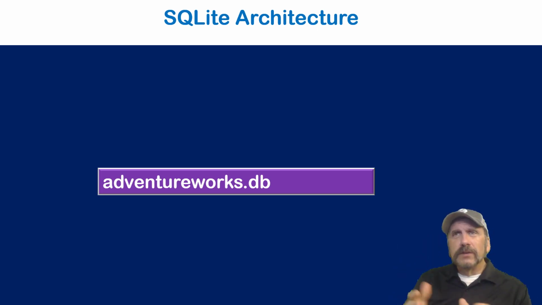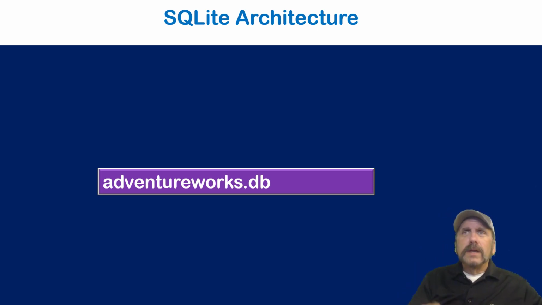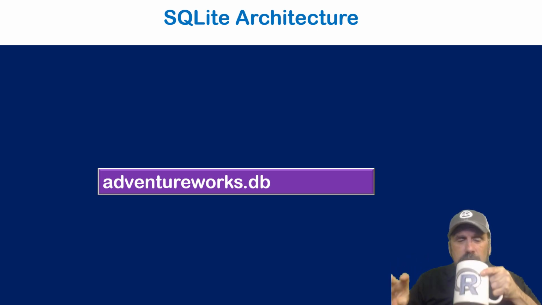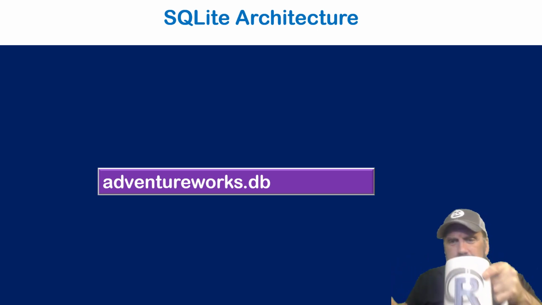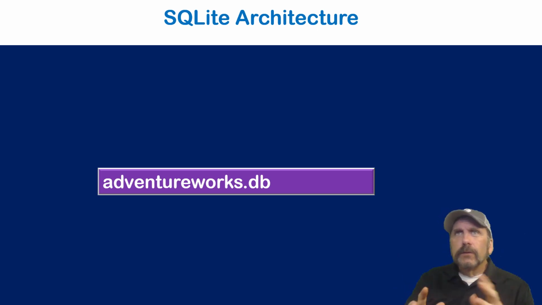Well, imagine you have a database. If AdventureWorks was using SQLite, they might have a file like adventureworks.db. The main thing is the .db extension tells you that this file contains a database, an AdventureWorks database. So it's just a file. Now, Oracle and SQL Server and all those also just have a file, but they put it through layers and put it in a protected directory and don't want you to touch it.